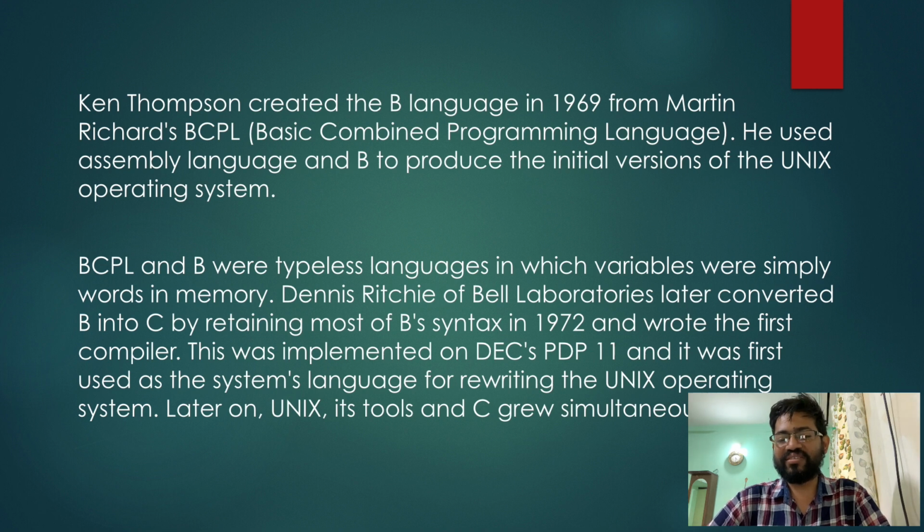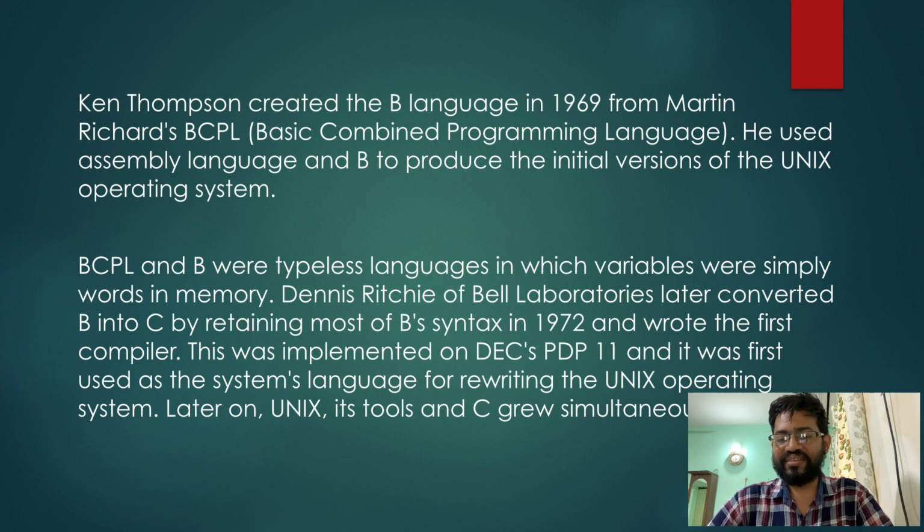So B was a language created by Ken Thompson, which became the basis for C language. Many of the syntax that C uses are basically taken from the B language only. BCPL and B were typeless languages in which variables were simply words in memory.